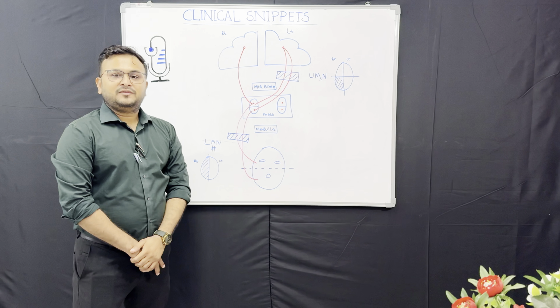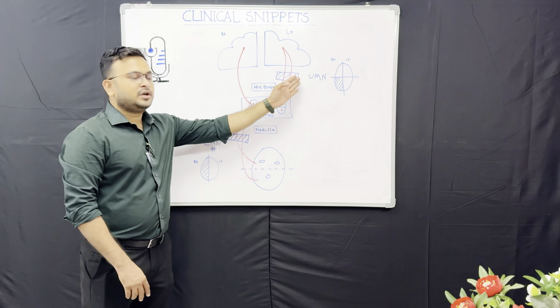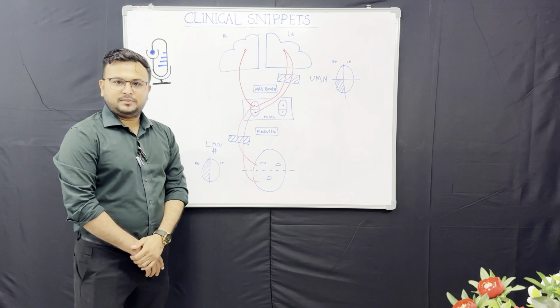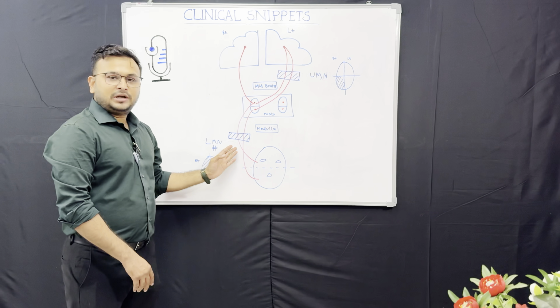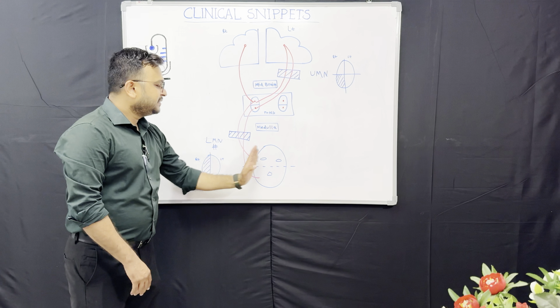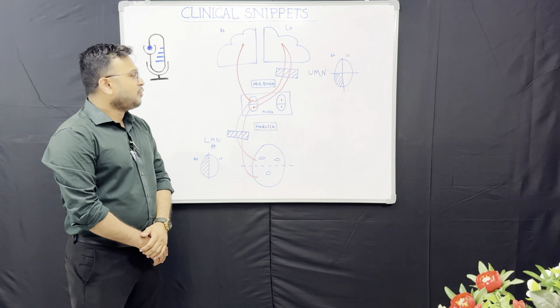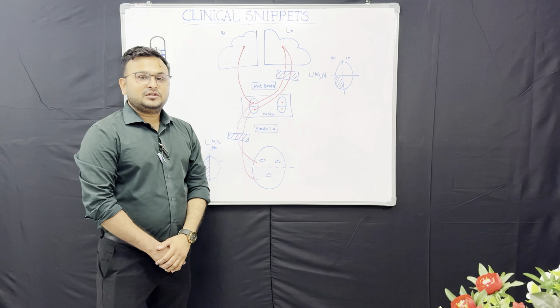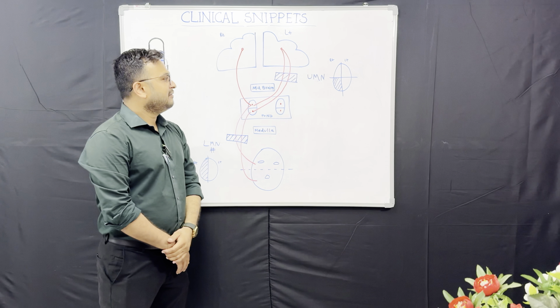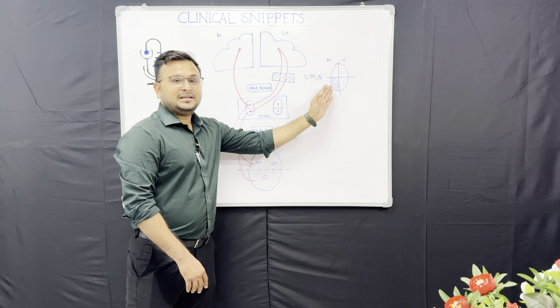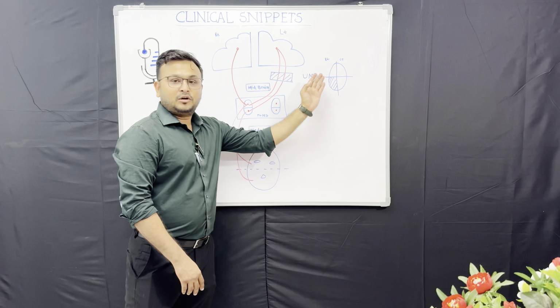So, two types of lesions are there, upper motor neuron type and lower motor neuron type lesions. In the lower motor neuron type of lesion, there will be ipsilateral weakness, while in the upper motor neuron type of lesion, there will be paralysis of the lower part of the contralateral side.